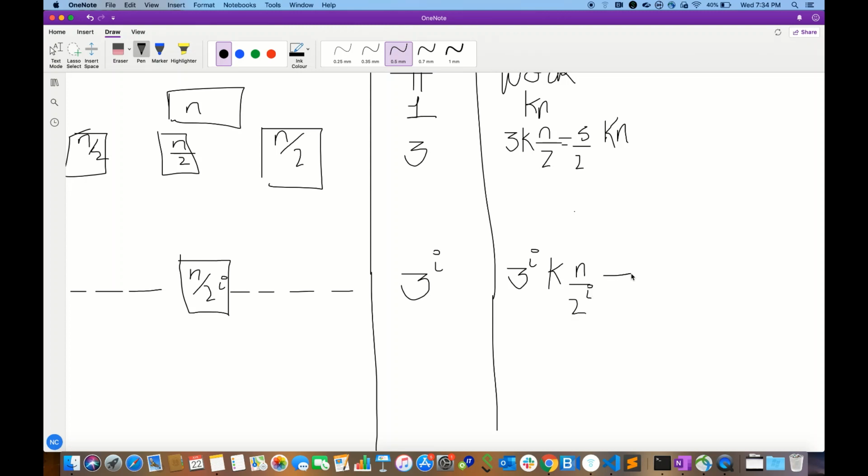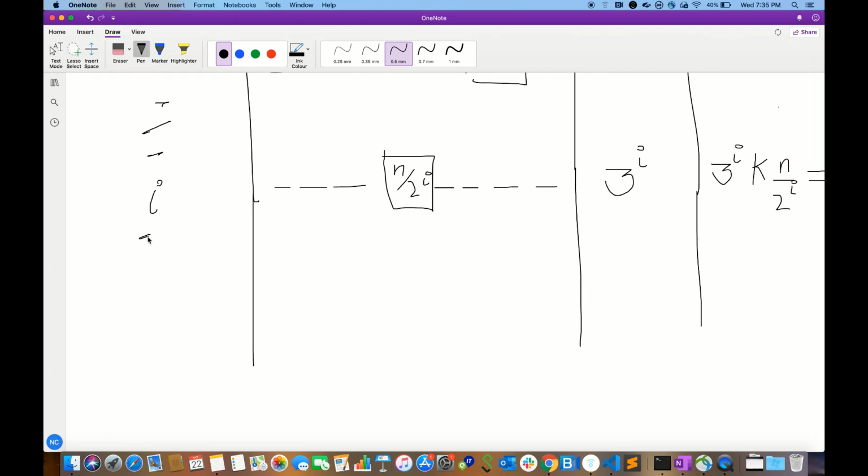So it will now become k times (3 by 2) to the power i times n.